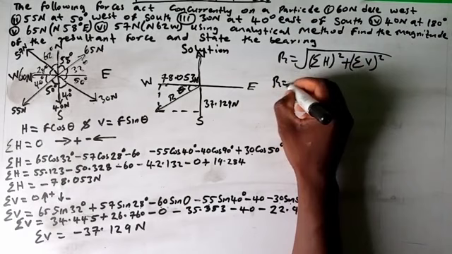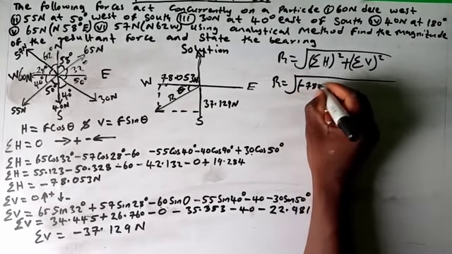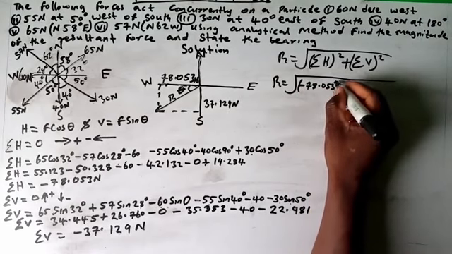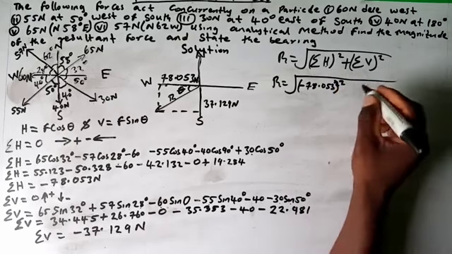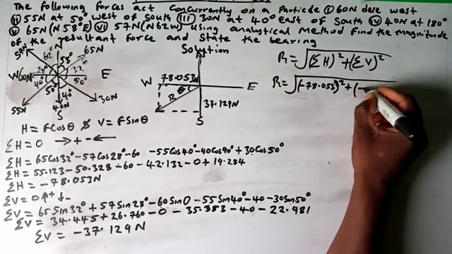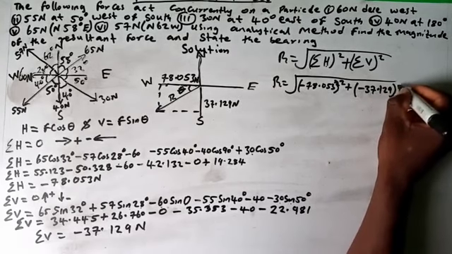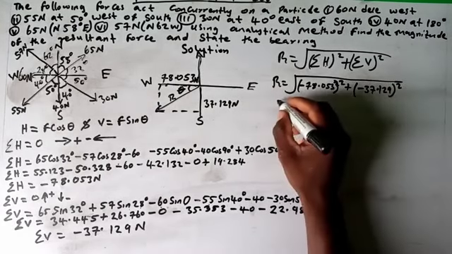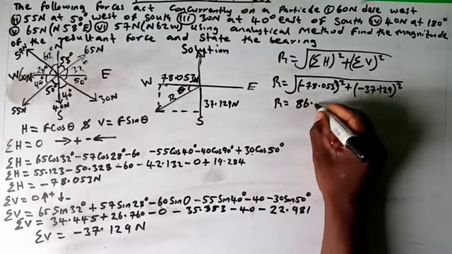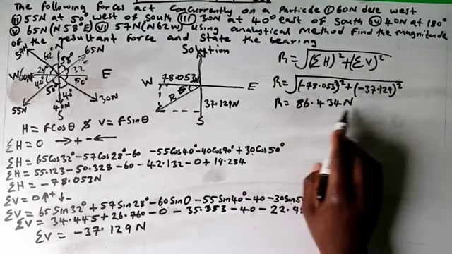Therefore, R will now be equal to square root of minus 78.053 all squared, close the bracket, then all squared. Then plus our V is minus 37.129 squared. If we sum up everything, R will now be equal to 86.434 Newton. So this is our resultant force.